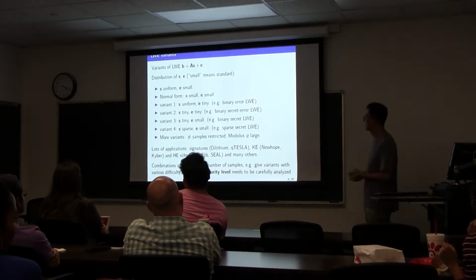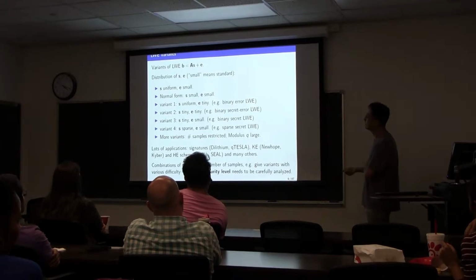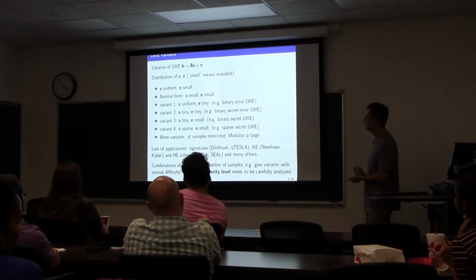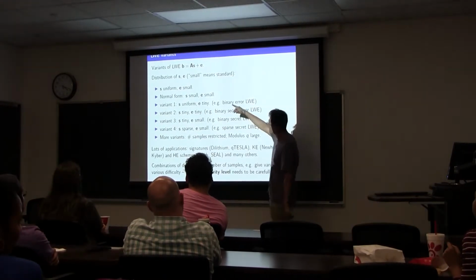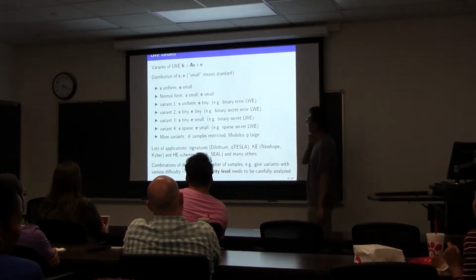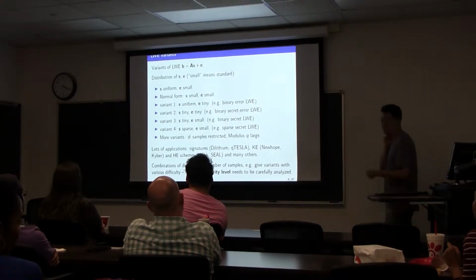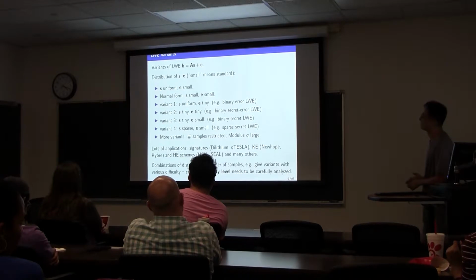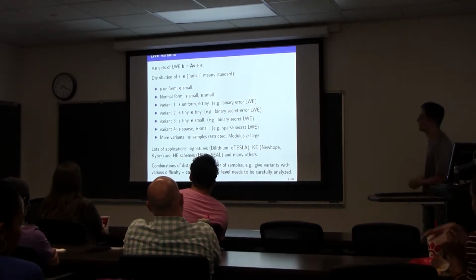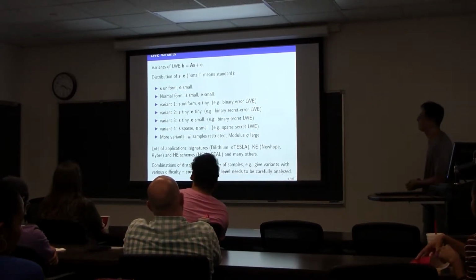The canonical version, which I described before, where S is uniform and E is sampled from a discrete Gaussian, is believed to be hard. But there are lots of variants. The very first version, where S is uniform, E is small but not tiny, I referred to as the standard or canonical version.